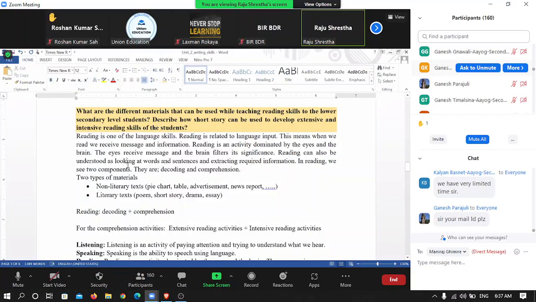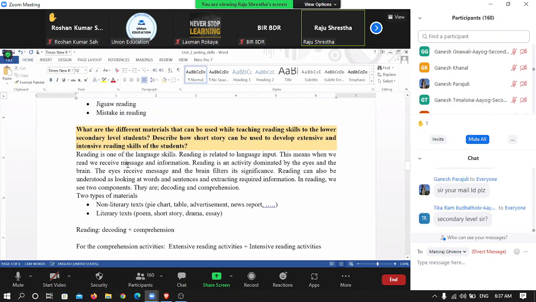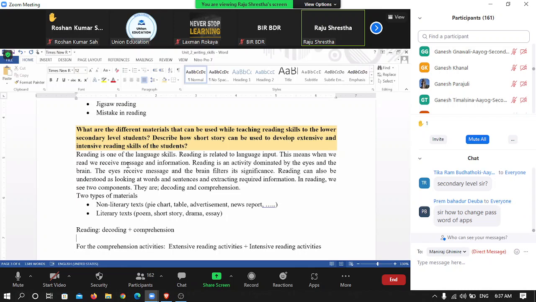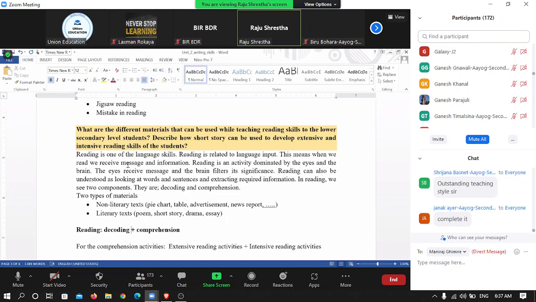So in this kind of question, you have to address decoding plus comprehension, these two components of reading we have to understand. What is reading? Reading means what? First, recognizing script, being familiar with the script, symbols, then what? Comprehension. So these two components should be there.